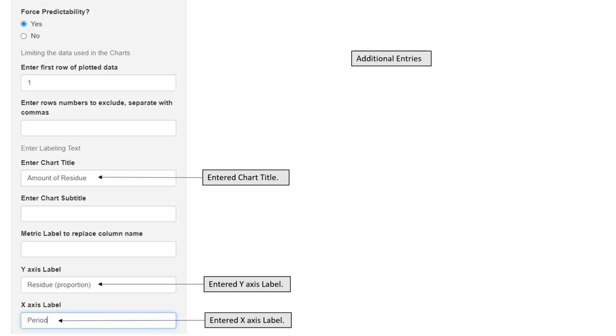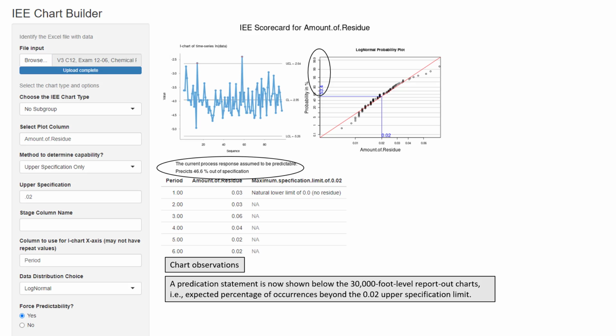Also, the additional entries were chart title, y-axis label, and x-axis label. Chart observations. A prediction statement is now shown below the 30,000 foot level report out charts.